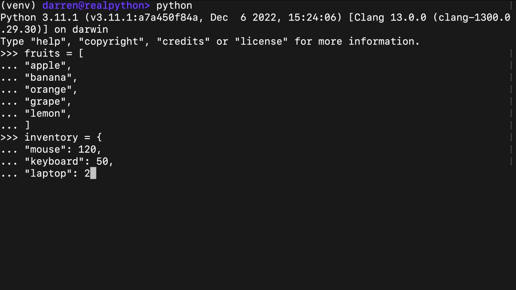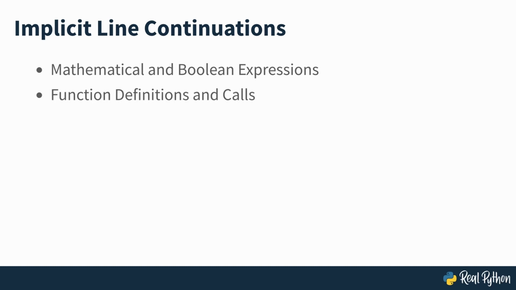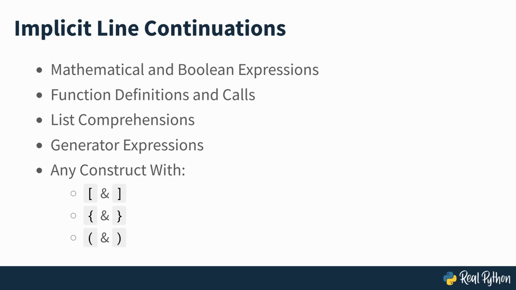This is known as implicit line joining. You can also use implicit line joining in other contexts, such as mathematical and Boolean expressions, function definitions and calls, list comprehensions, and generator expressions. In short, implicit line continuation will appear in all those Python constructs that accept brackets, braces, or parentheses.